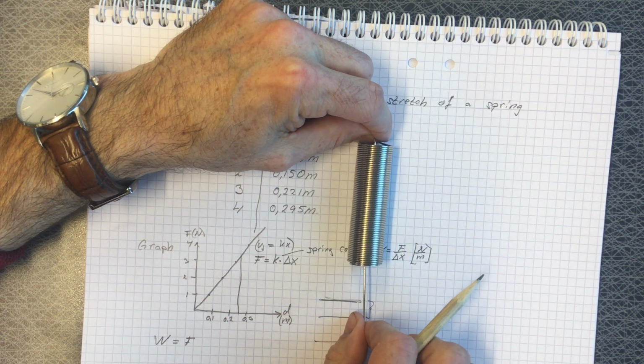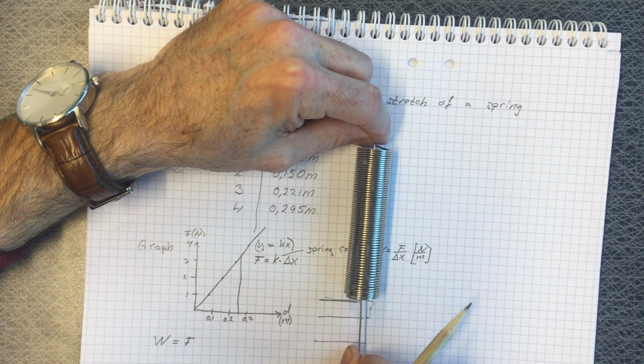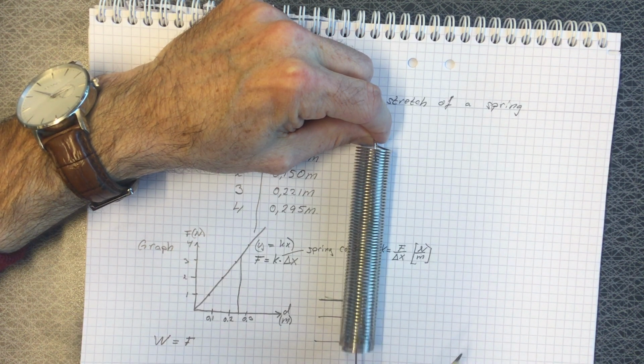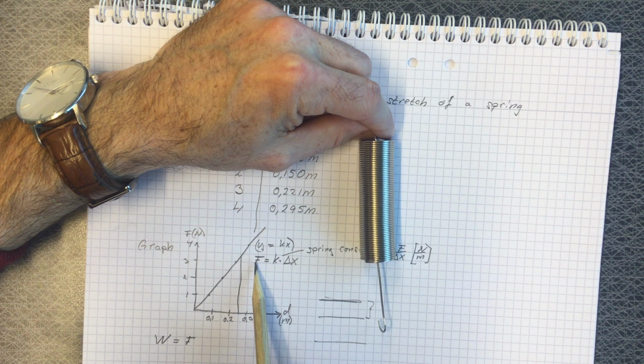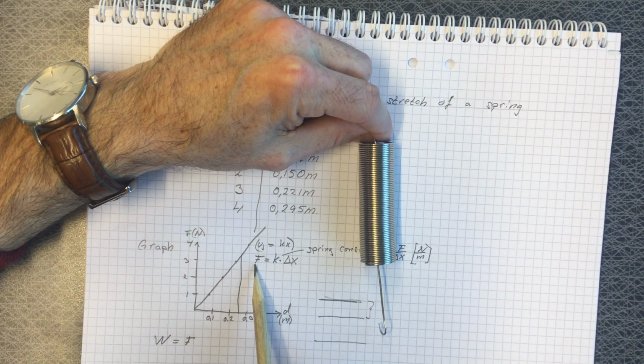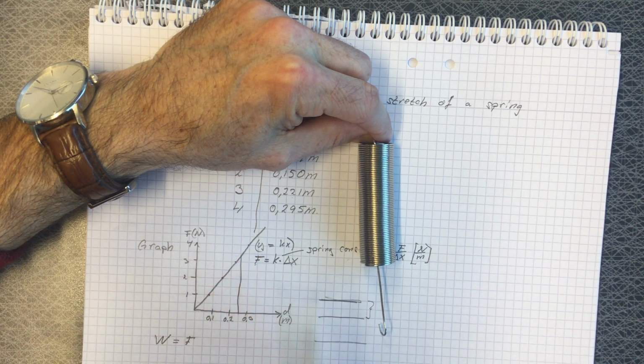You see, at the beginning, there is not any big force I have to use. And the force is getting greater and greater, and I have to pull more and more. And you can see it because the force is proportional to the distance. That means the longer the distance, the greater the force. So at the beginning, when the distance is small, the force is small. And at the end, the force is quite large.